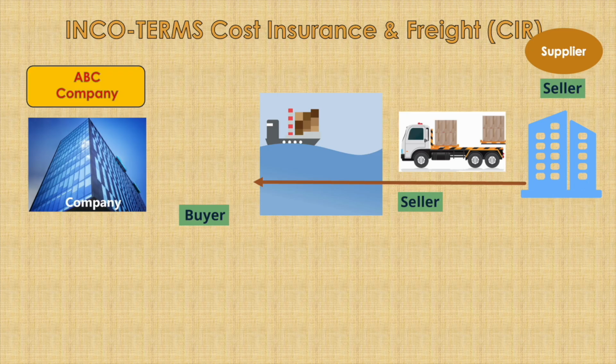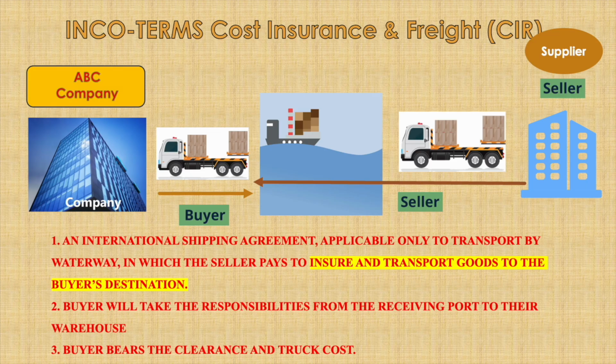The buyer is only responsible for import clearance, customs duty, and final trucking to their warehouse. In summary, the seller covers costs up to the destination port, including insurance. The buyer only covers costs after the port.